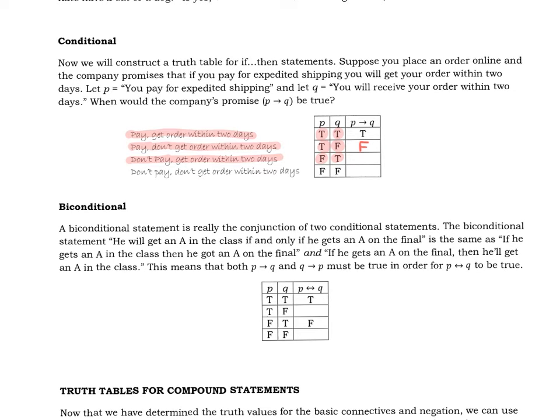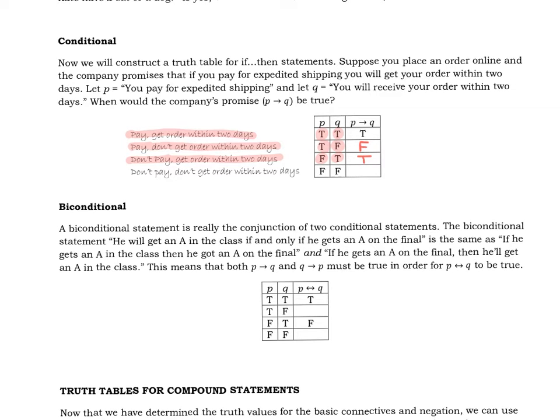Even though you didn't pay for expedited shipping, you got the order within 2 days, so they haven't lied to you. In fact, they probably exceeded your expectations. And so in this case, it's still a true statement. You, in fact, are a thrilled customer, because you got away with it. You didn't have to pay extra and you still got your order super fast, right? So that's true.